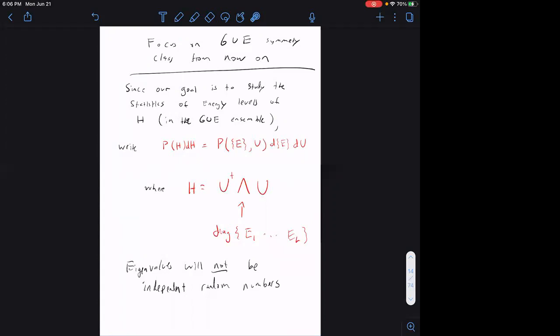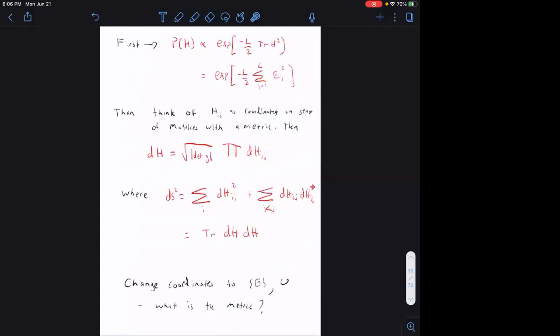So we basically have to take this Gaussian distribution, and when we change variables, we need to find the Jacobian. We're going to go into this in a little bit of detail, but I'm going to leave some of the detail aside, and you can look at the notes if you want to know more. But here's the rough idea.